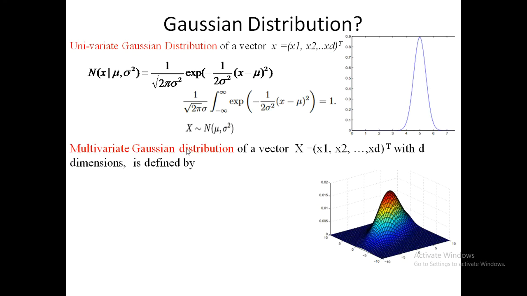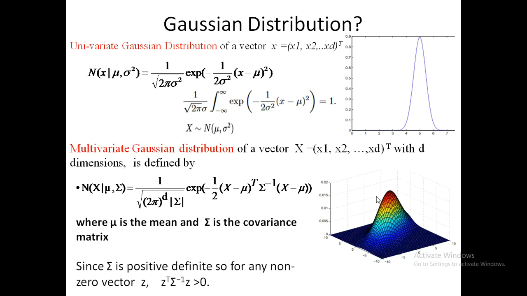Coming to the multivariate Gaussian, we have many variables, x1, x2, each of which may be considered a column vector. So we have d-dimensional vectors. If you plot it, let us say it is two-dimensional, the plot will look like this.